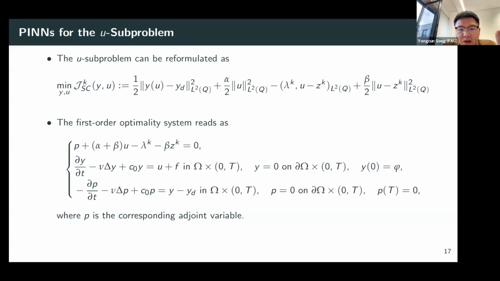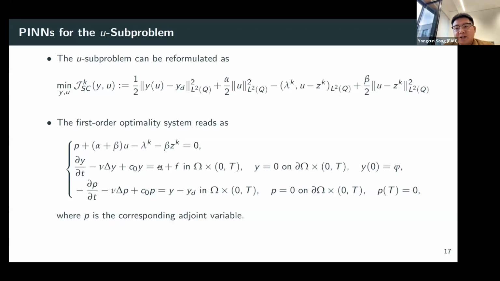First, if we apply PINNs directly, we need to approximate u, y, and p by three different neural networks, and then train three neural networks. To reduce the training difficulty, we use the first equation of the first-order optimality system to write u in terms of p, and substitute it into the second one.